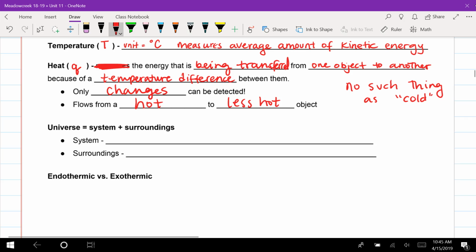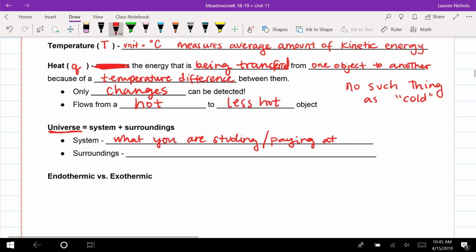And so we use the phrases system and surroundings to describe that. Everything in the entire universe is made up of our system and our surroundings. The system is used to describe what you are studying or looking at, basically whatever you're paying attention to.